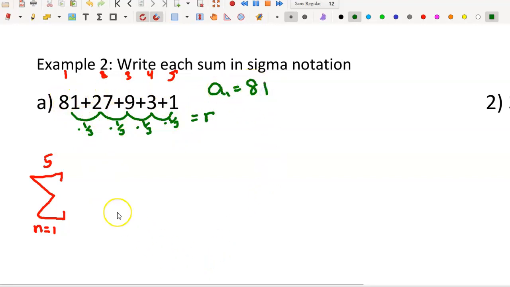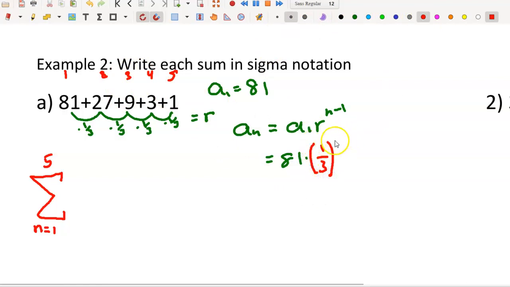A1 is 81, right? So as long as you remember your formula, we're just plugging in that information. So we got 81 times 1/3, and then we have n minus 1.